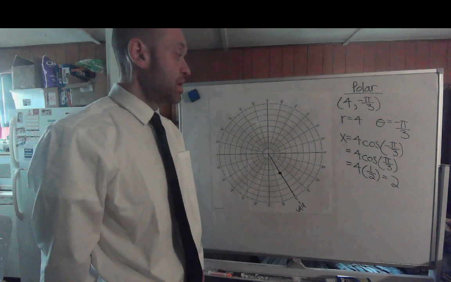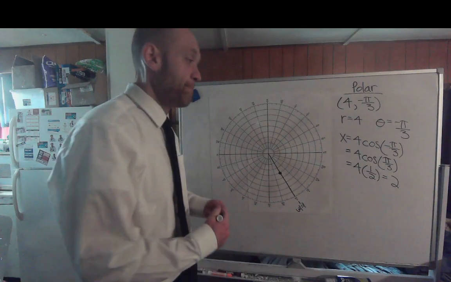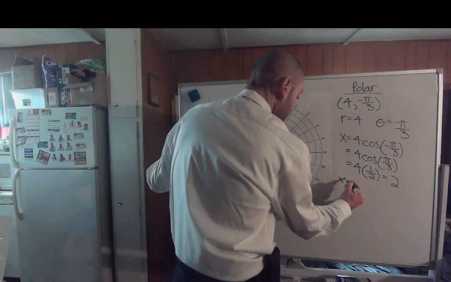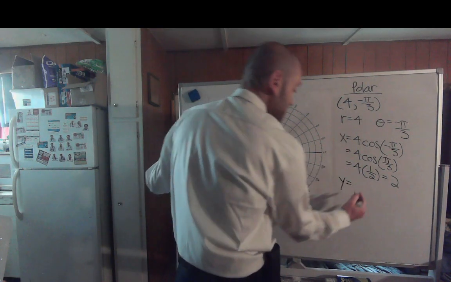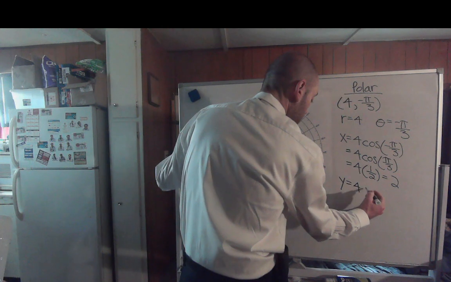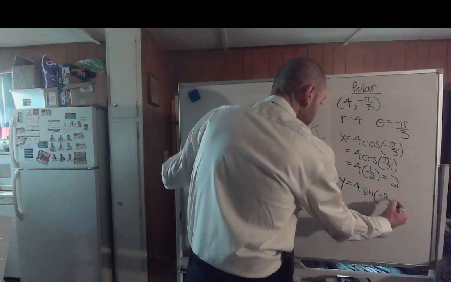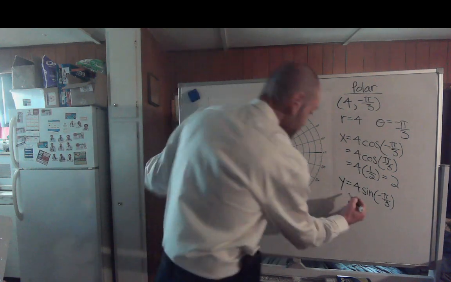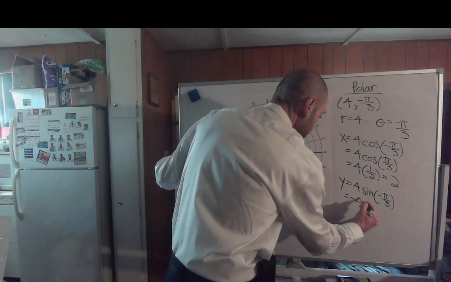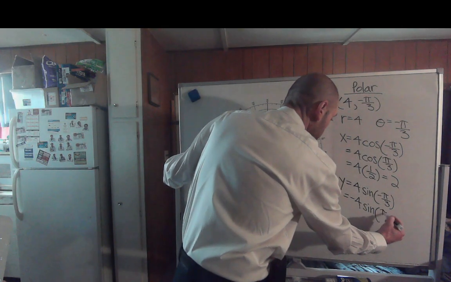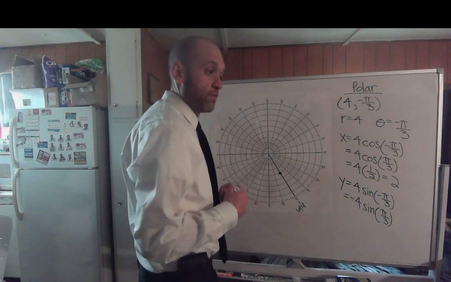Now, what about your y? So to find your y, that again equals r sine of theta, so that would be 4 times the sine of negative pi over 3. Well, sine's an odd function, so that's going to turn into negative 4 times the sine of pi over 3. What's the sine of pi over 3?